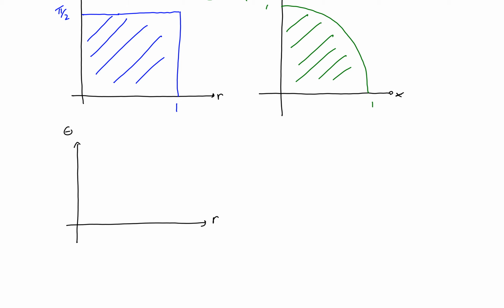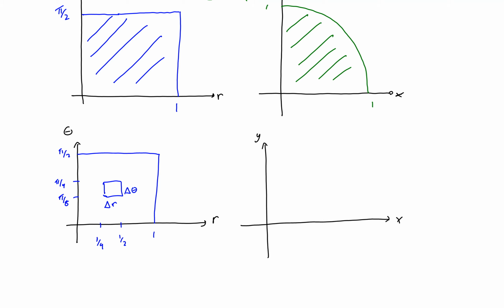If I'm looking at my region on the left, when I look at a little piece of this region, this is delta r delta theta, and say this is going from 1/4 to 1/2 in r, and say theta goes from pi over 8 to pi over 4, with r going up to 1 and theta up to pi over 2 in the whole region. If we look at the corresponding region in the xy plane, I could start with drawing these two angles.